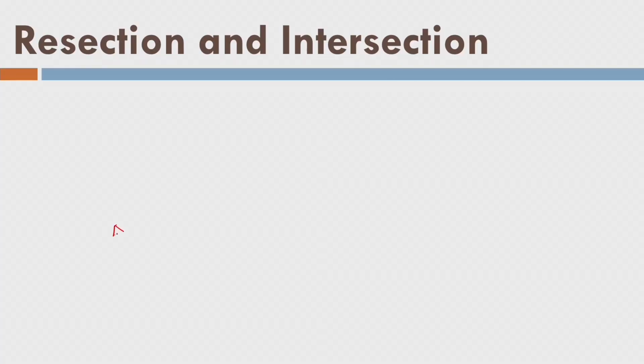Let us look into the other possibilities, the resection and intersection. What is resection? There is an unknown point that I want to establish as a control point, and here we have A, that is a control point, B is another control point, and C is another control point. So, now from this point I want to find out, let us say x and y. So, I can measure these distances and these angles also.